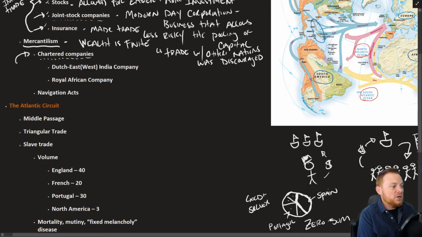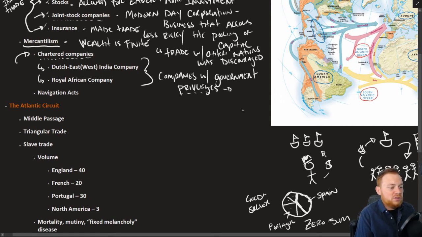And what a chartered company is, examples are the Dutch East India Company and Dutch West India Company, or the British Royal African Company. Chartered companies are companies with government privileges, right? And probably one of the most common ones was monopoly.